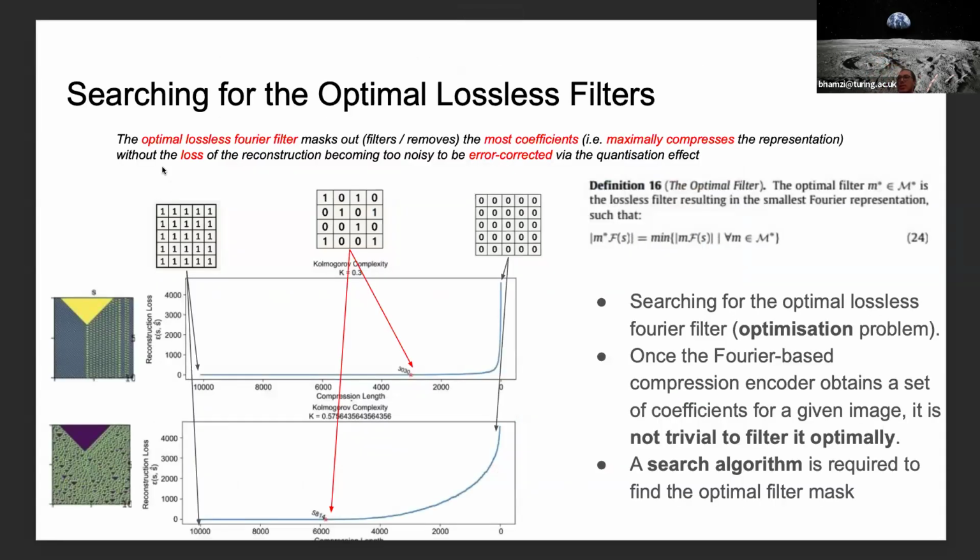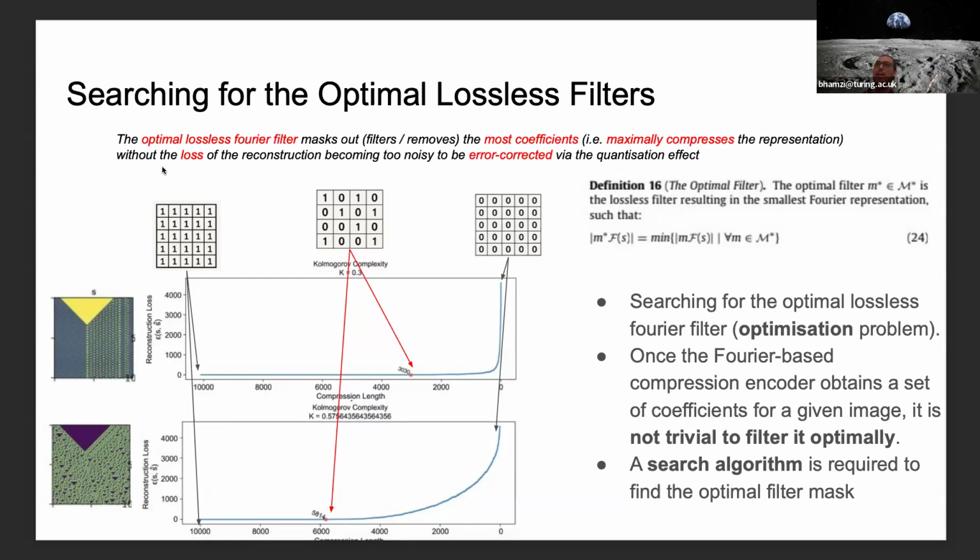Now the step here is to search for the optimal lossless Fourier filter, which is able to filter the most coefficients, so a maximally compressed representation, without the reconstruction becoming too noisy to be error corrected via this quantization effect.